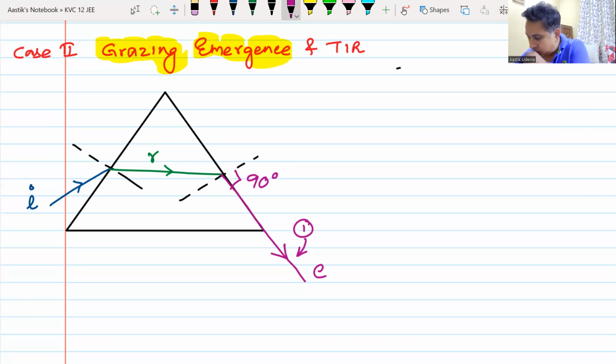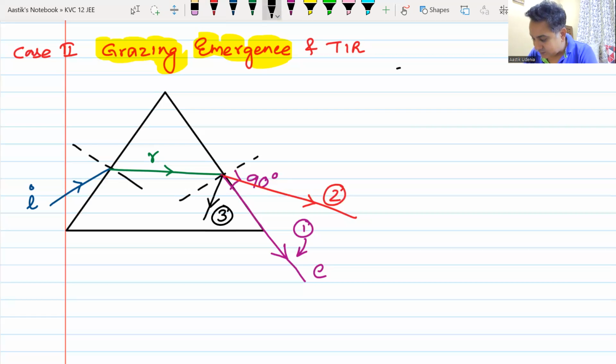The ray may emerge like this outside, or the ray may get totally internally reflected, and it can follow case number three.